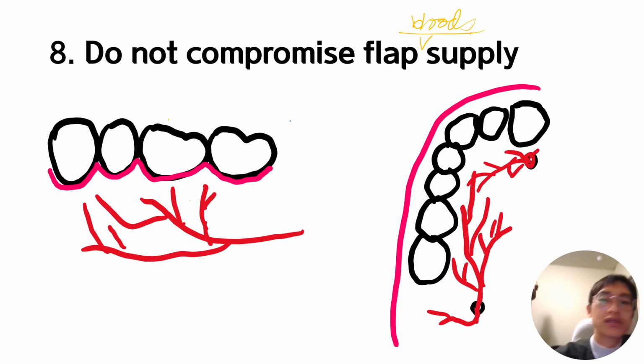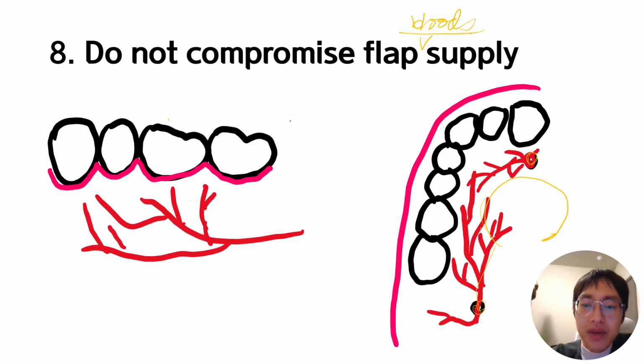This applies the same on the palatal area. If you make an incision without thinking, you are cutting off all the blood supply coming from the great palatine foramen and the incisive foramen.